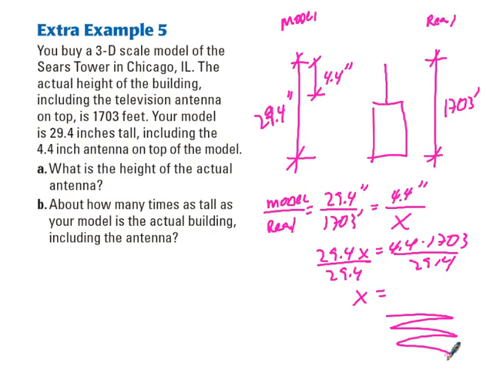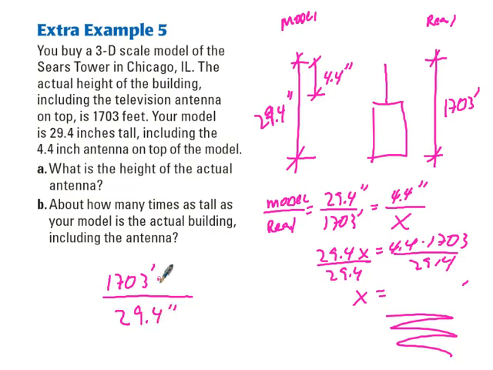Let's go on to part B here, and this is going to be some number of feet tall. But how many times as tall as your model is the actual building, including the antenna? Well, we just have to take 1,703 feet and divide by the actual, oh, they're in different units though, aren't they? One's in inches and one's in feet.